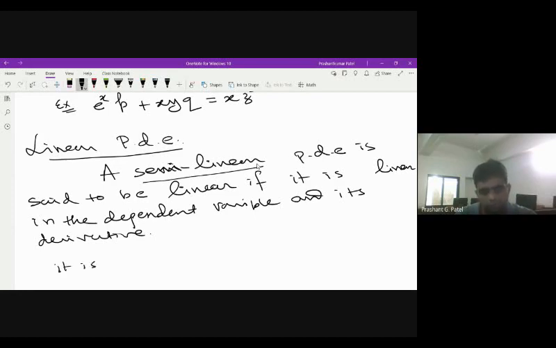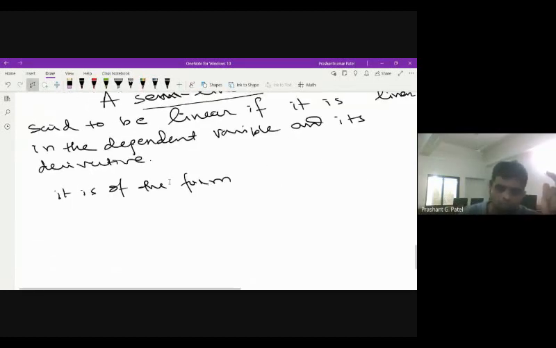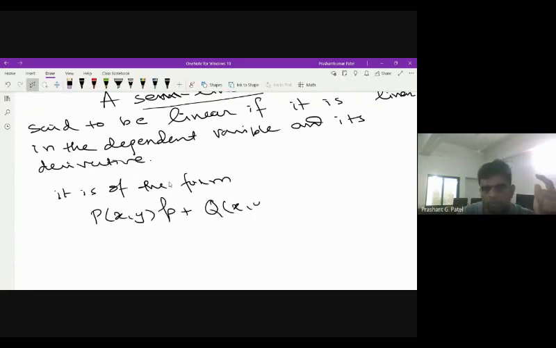If it is first order, then it is of the form P of xy into p plus Q of xy into q is equal to R of xy into z, because it is linear in the dependent variable also, and it is semi-linear.